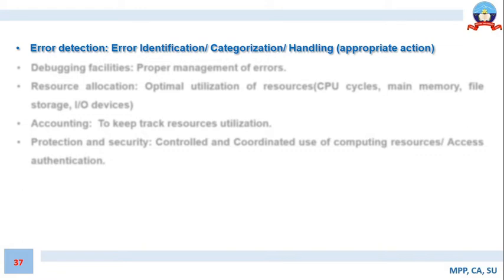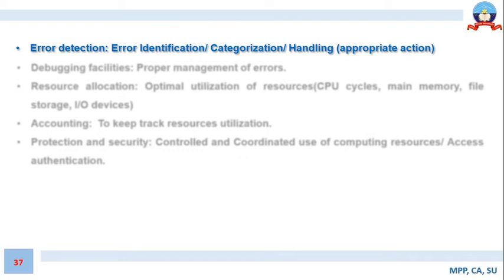Error detection and error handling is one of the important responsibilities of the operating system. The operating system should be capable of identifying all possible errors that may be associated with the functionalities that it supports. With each and every functionality of the operating system, there may exist various exceptions.